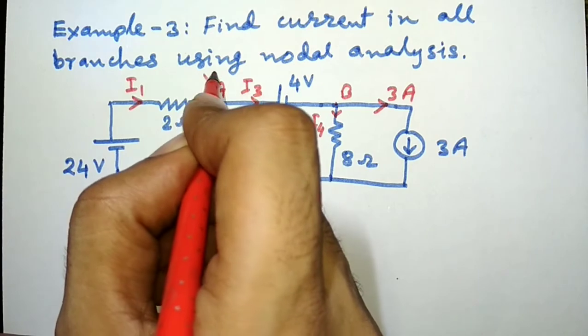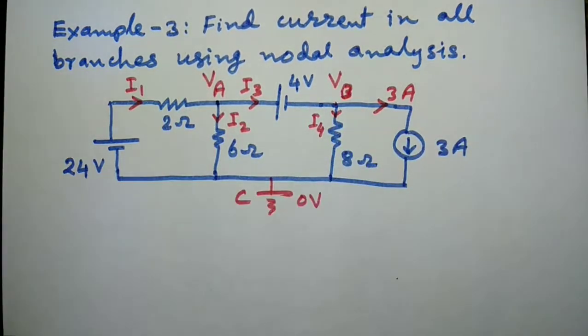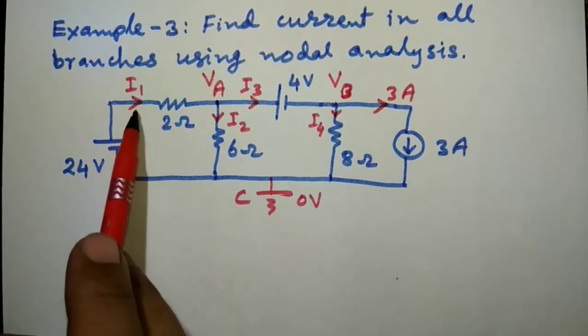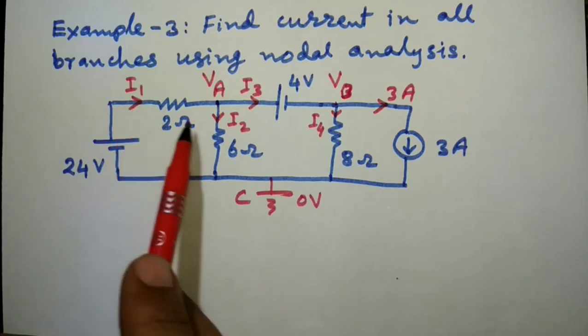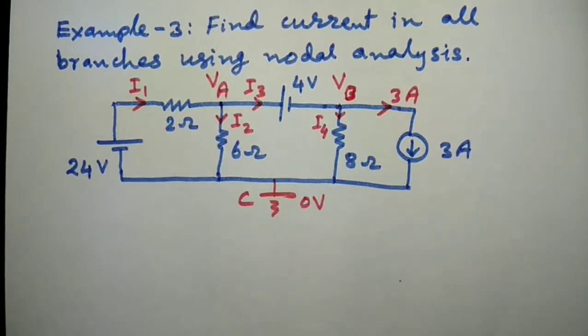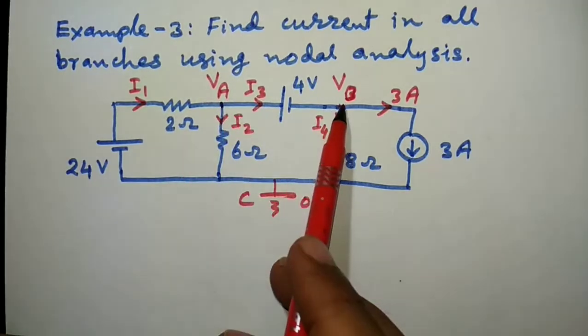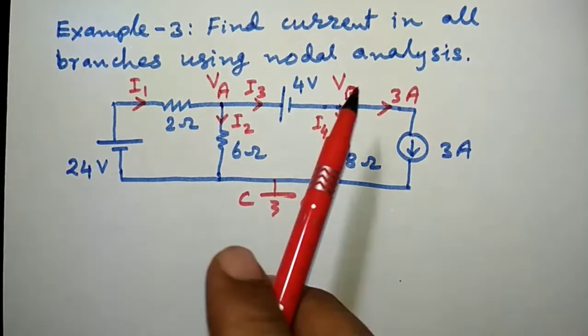Potential of the junction A is VA and potential of the junction B is VB. We have labeled the current in different branches I1, I2, I3, I4 and I5. Here you can see that between junction A and B there is only a voltage source.